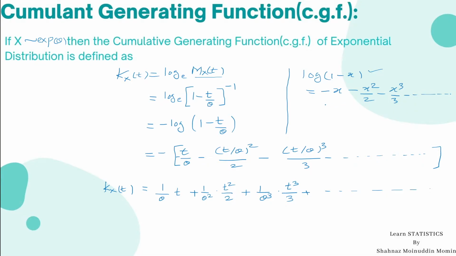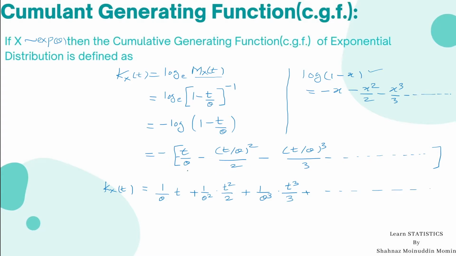Here in our case the value of x is t upon theta. By comparing these two series, we get minus t by theta, minus (t by theta) square divided by 2, minus (t by theta) cube divided by 3, like that.